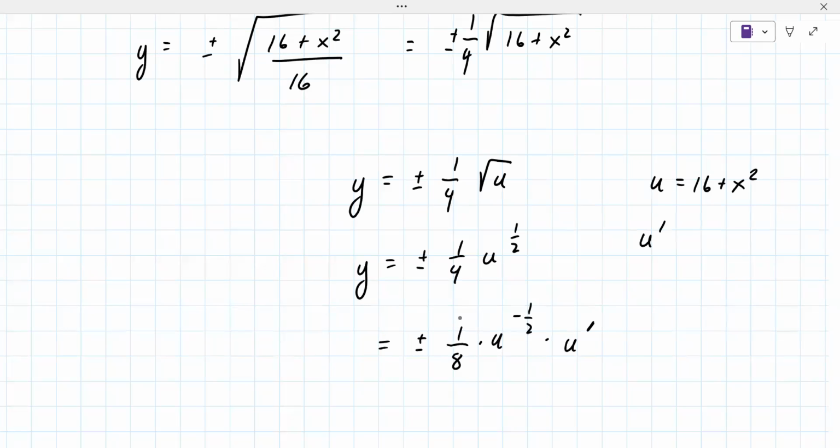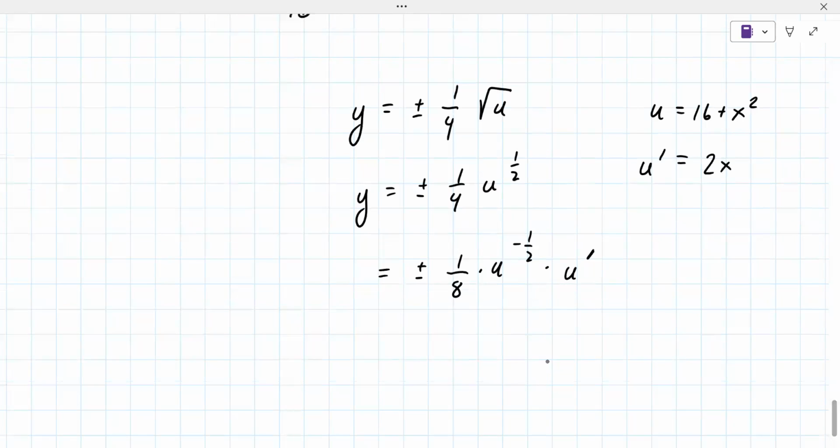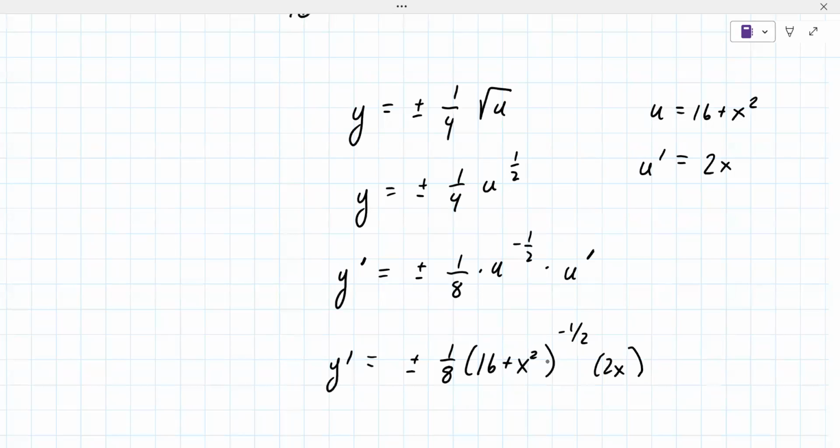So we need the u prime over here. So what is the derivative of this here on the right? It's just 2x, right? Yeah. So that comes down as part of this. So your derivative is plus or minus 1/8 times (16 plus x squared) to the minus 1/2 power times 2x, like that.